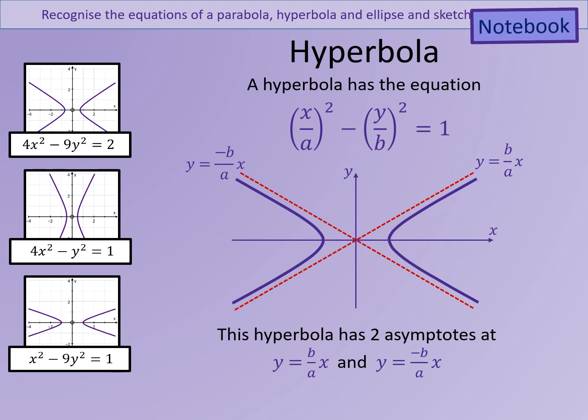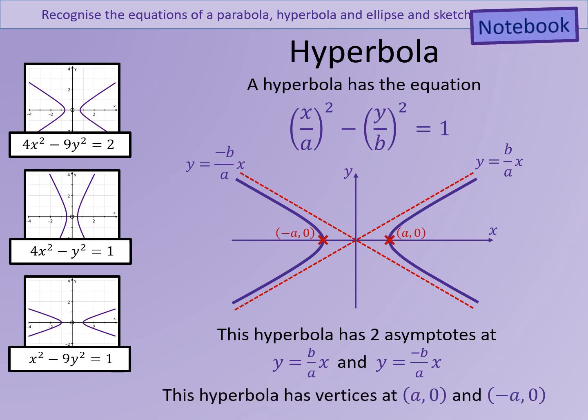This is a symmetrical curve. This hyperbola has vertices at (a, 0) and (negative a, 0). These are also the places where the hyperbola crosses the x-axis. Notice that it doesn't cross the y-axis because when x equals 0, there are no real values for y.